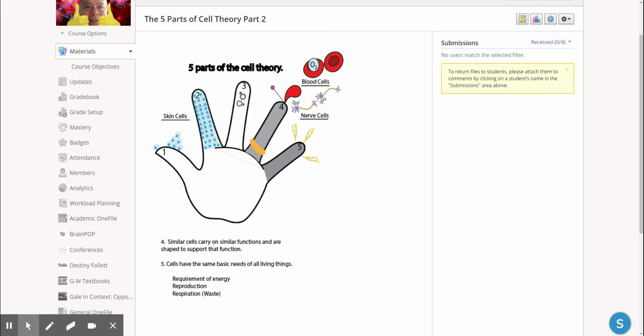So let's talk about the bleeding first. If you take a look at the blood cell, remember all cells have a specific function based on how they're shaped, or their structure. The blood cell looks kind of like a little donut.